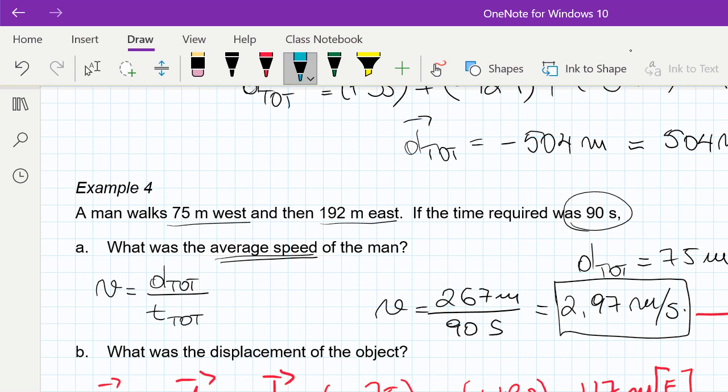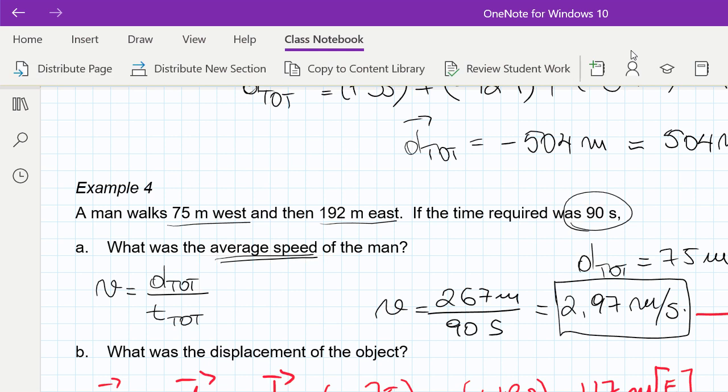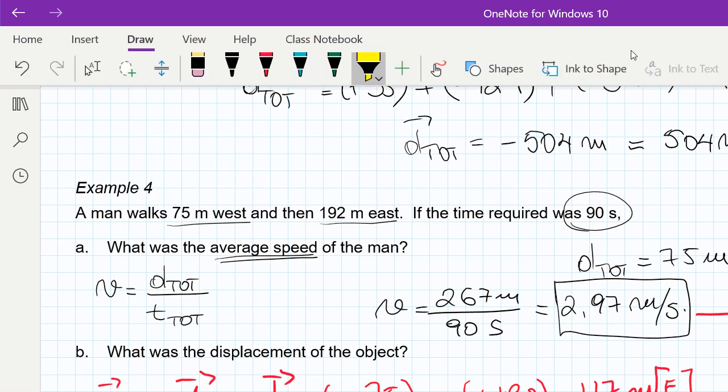2.97 meters per second, while the velocity is 1.3 meters per second going east. So you define what it is and what direction it is going.